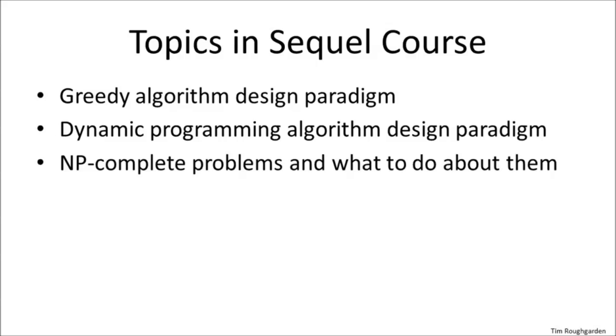The second part of the sequel course concerns NP-complete problems and what to do about them. Now, NP-complete problems are problems that, assuming a famous mathematical conjecture you might have heard of, called the P not equal to NP conjecture, cannot be solved by any computationally efficient algorithm. We'll discuss the theory of NP-completeness, with a focus on what it means for you as an algorithm designer.